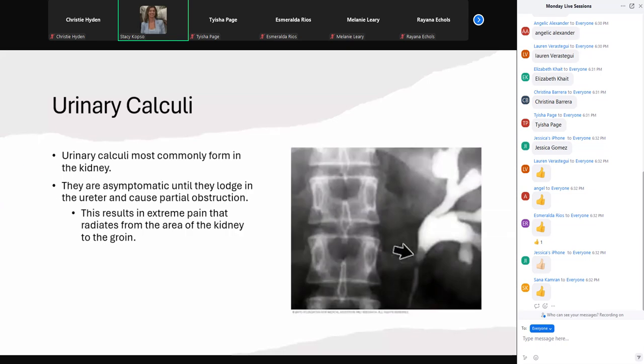Urinary calculi, hopefully everybody knows this by now. Those are your kidney stones, okay? Kidney stones could be asymptomatic until they actually get stuck in the ureter and cause some type of obstruction.